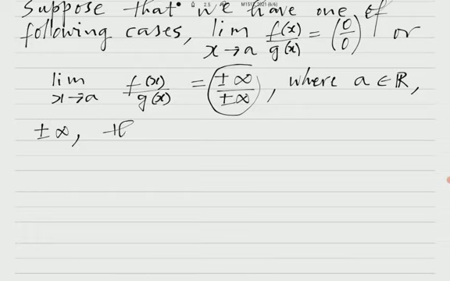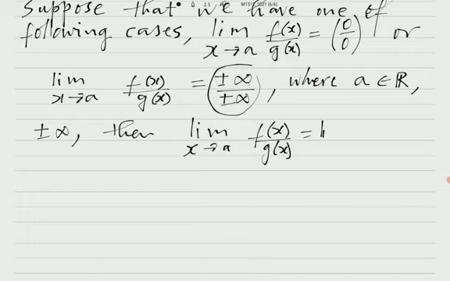Then the limit as x goes to a of f of x over g of x will be given by nothing but the limit as x goes to a of f prime of x over g prime of x.